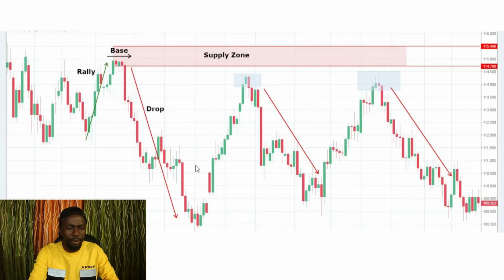So if you look clearly on this chart, this is what we call supply and demand, right? At the upstream is the supply zone, while the down is the demand zone. So a level where price could not break any further is known as what? A supply and demand zone, because there is a supply and demand zone in that area.